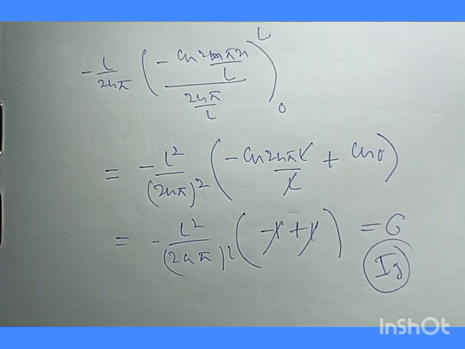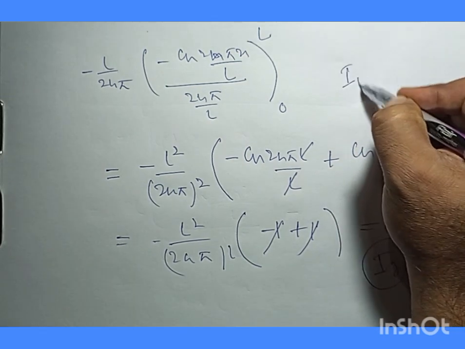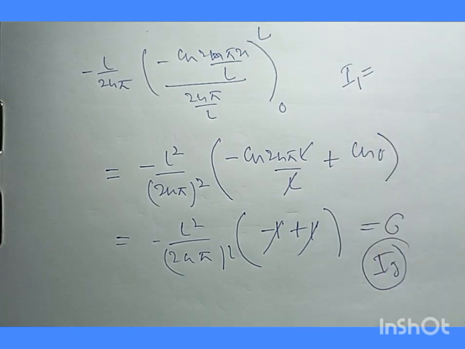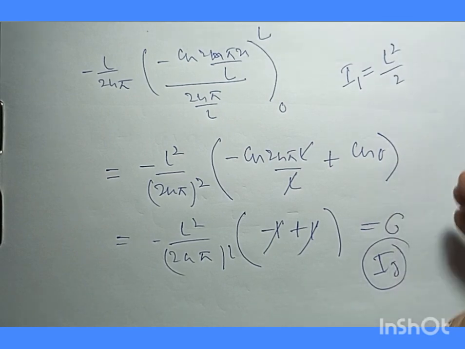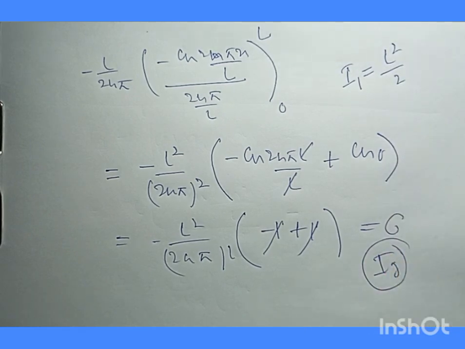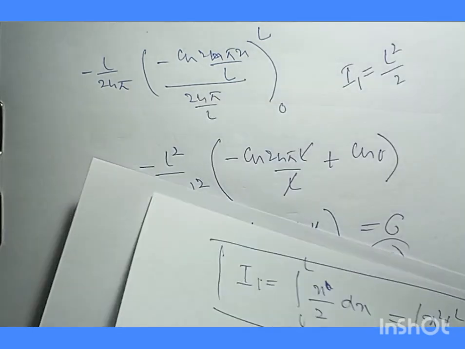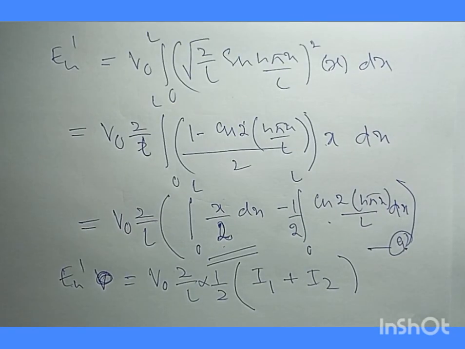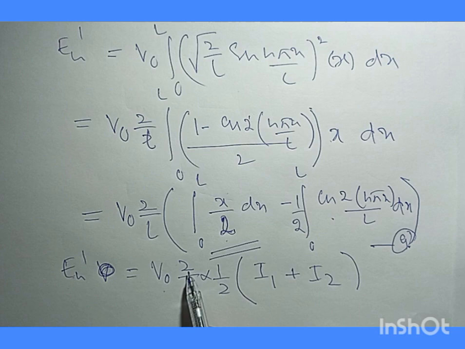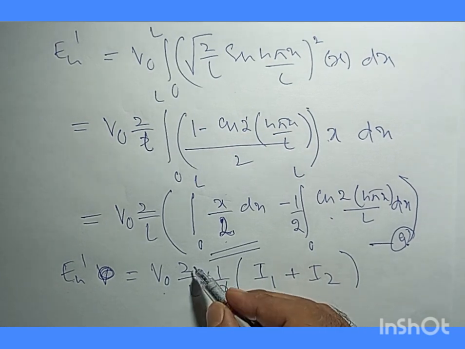So what will be our overall case? For I1, I think we got L square by 2. And now we can go back to our equation. So this is our equation. I will use En1 equals V0 2 by L. This 2 and 2 should cancel here.